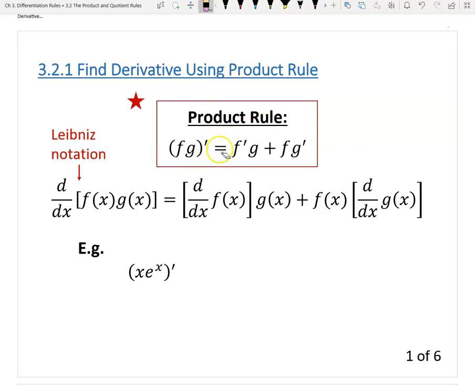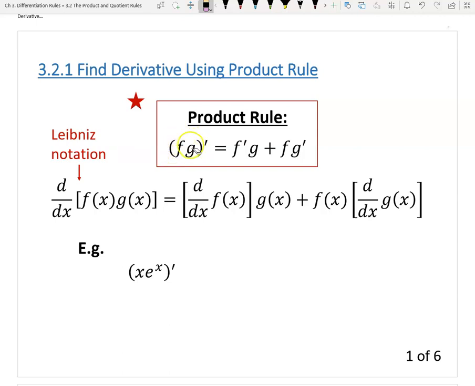So here is the product rule. And what is the product rule? On the left side is the prime of the product, which means we are going to find the derivative of a product. f is a function, g is another function.